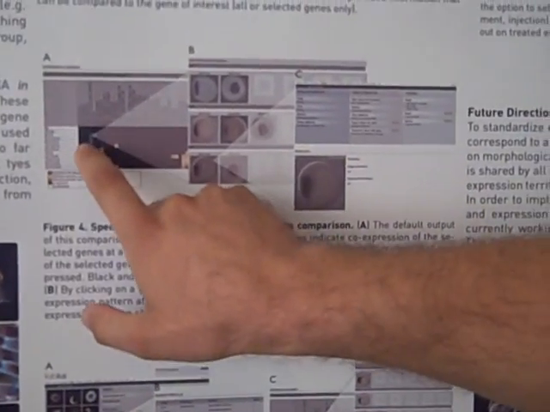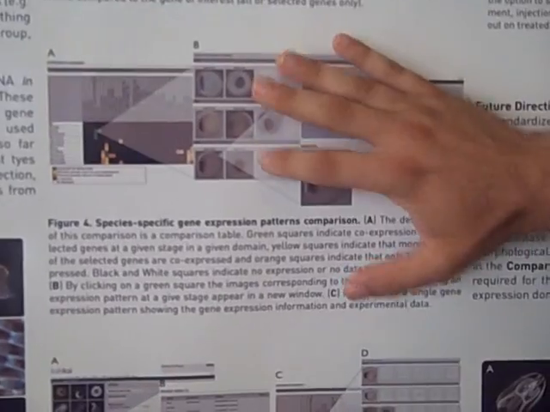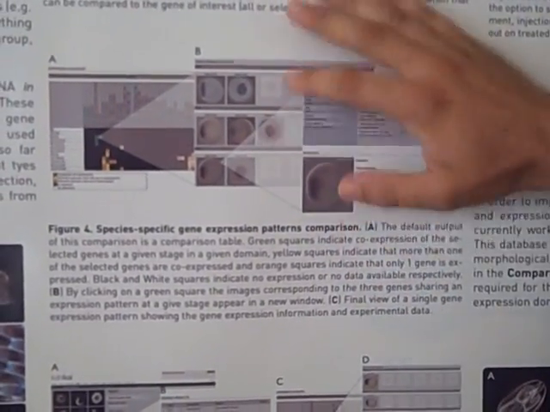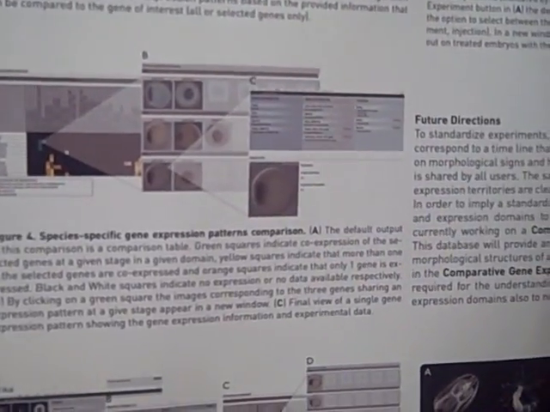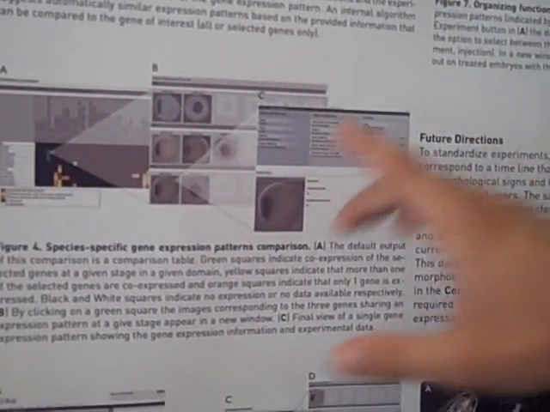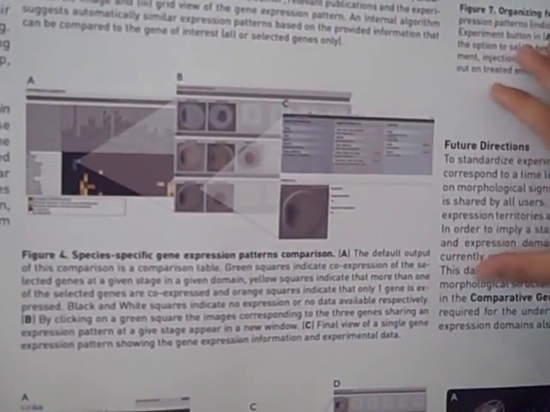When you click on that, you see the real expression patterns of all three genes, and you clearly see that they are expressed in the same domain at the same blastula stage. If you want more details, you can click on the individual image, and it gives you more information about who did that, which laboratory did that, and how that gene is expressed.